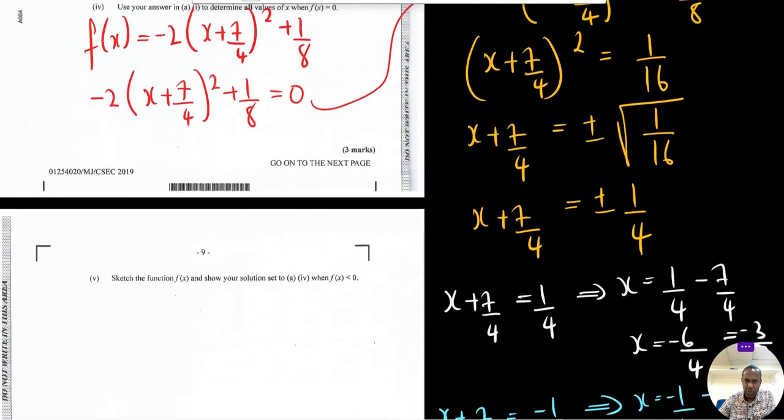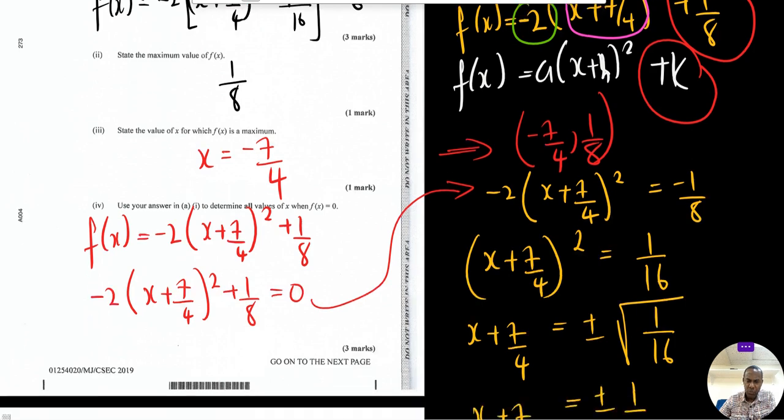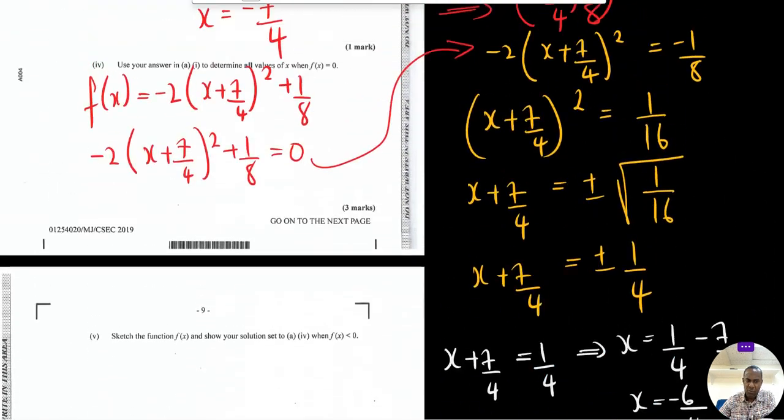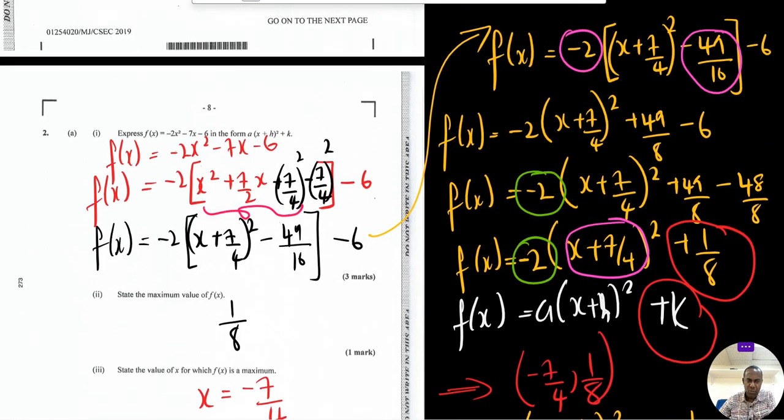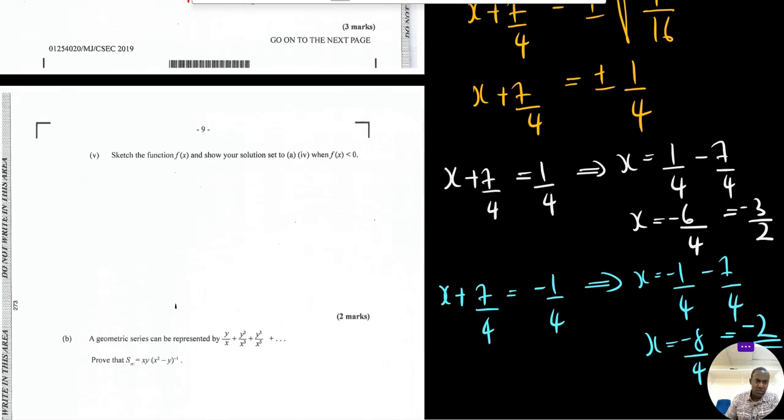We've determined that. The turning point, of course, is the point minus 7 over 4, 1 over 8. We know the roots, we know the nature, and of course, we know the y-intercept because the y-intercept is essentially f of 0. So in this particular case, f of 0 equals minus 6 from the equation that we're given. So it's a rough sketch for 2 marks.